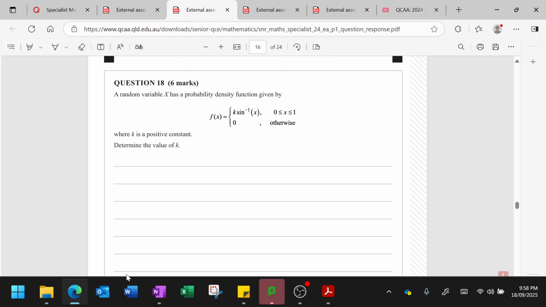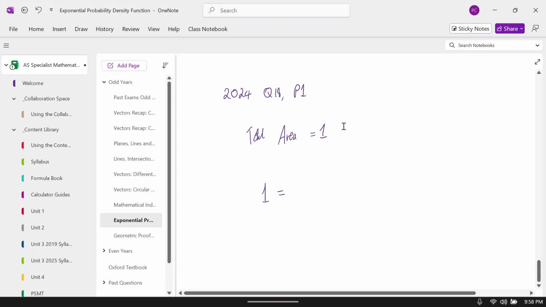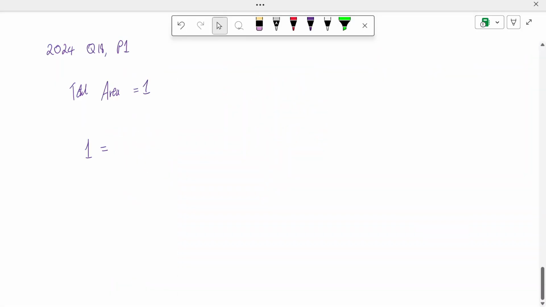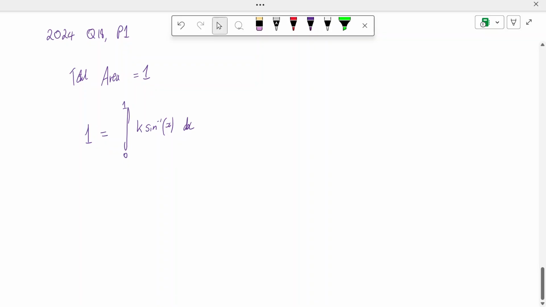So that means I can set this up really nicely and say that my probability of 1 is going to be equal to the entire area underneath my function. Groovy. So now when I look at this, I'm just going to do an integral, and I've got some values to sub in, so I'm going to be able to solve for k.